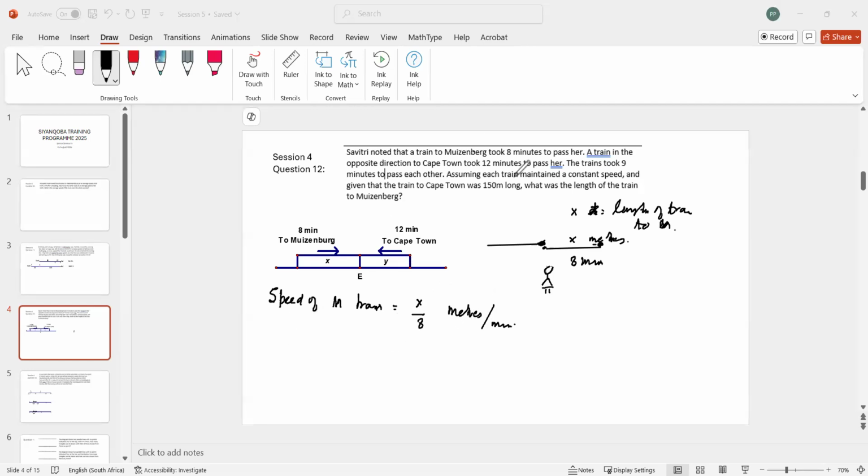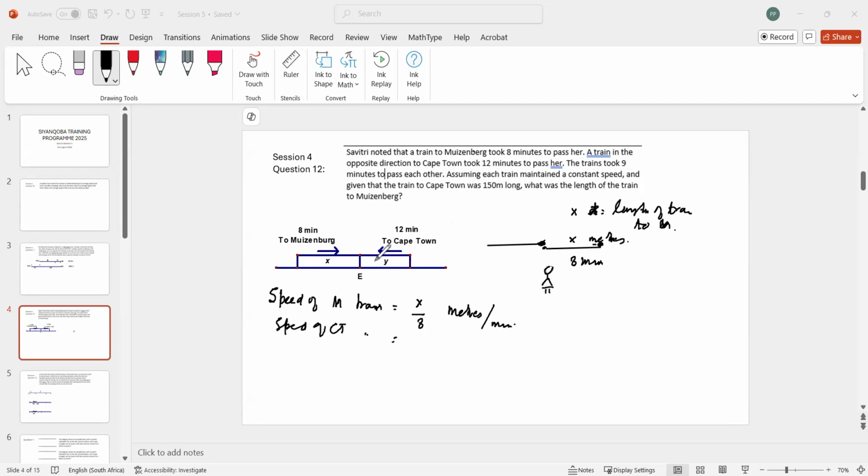Now, a train in the opposite direction, so this is what I've got here. Its length is y, so it's the same story. The speed in the opposite direction, that's going to Cape Town, we'll call it the CT train.